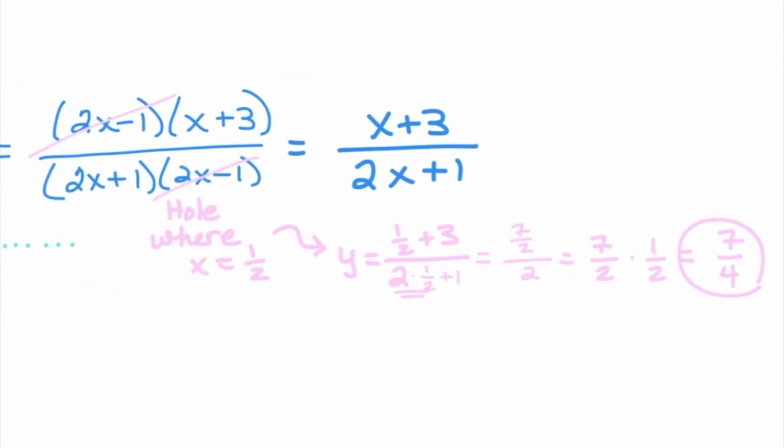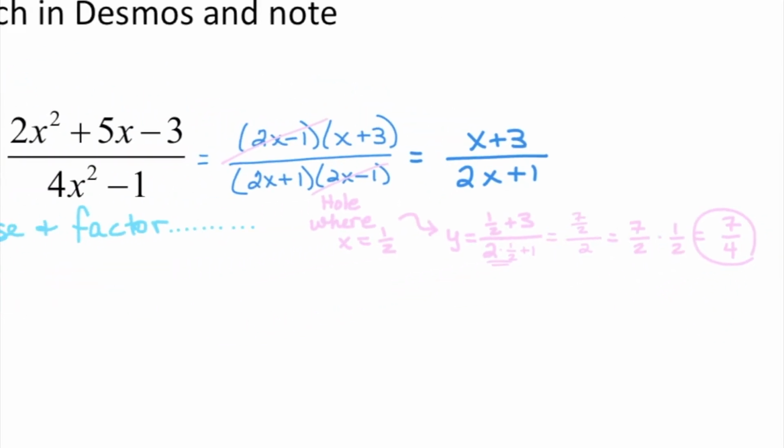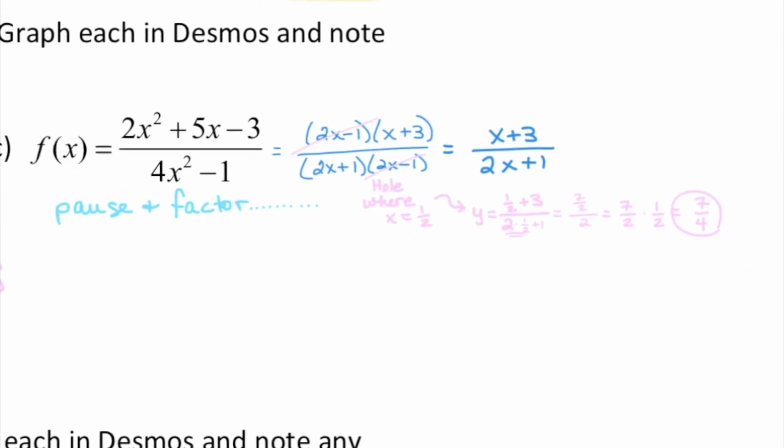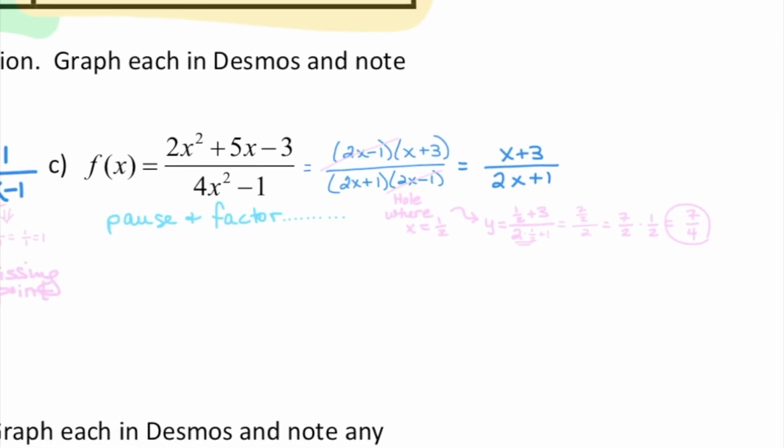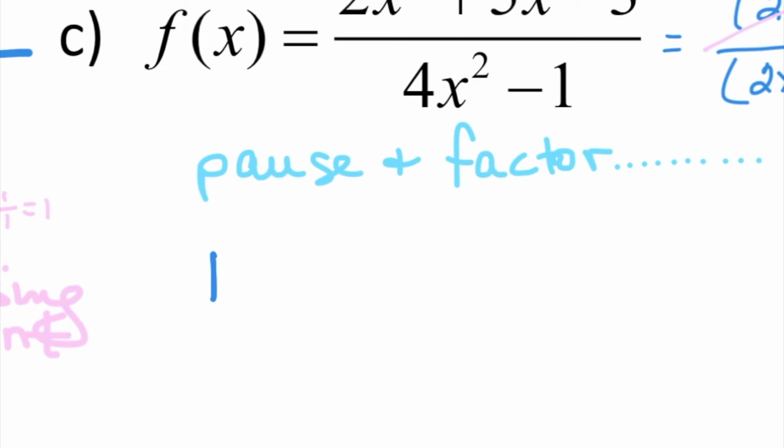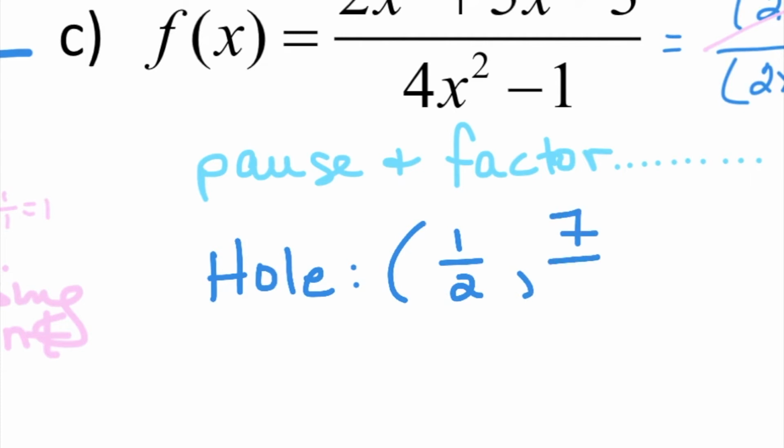Okay, and so that's the y value of my hole. So the answer to my question here, the x value is 1/2, the y value is 7/4, and so the hole is 1/2 comma 7/4.